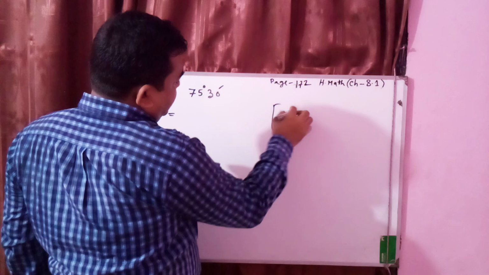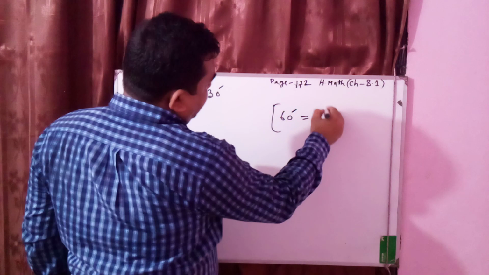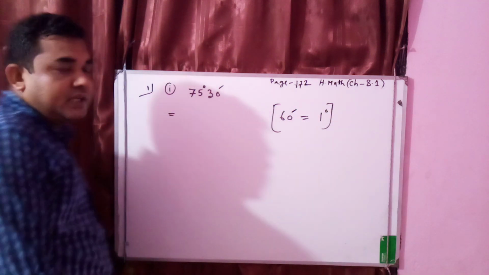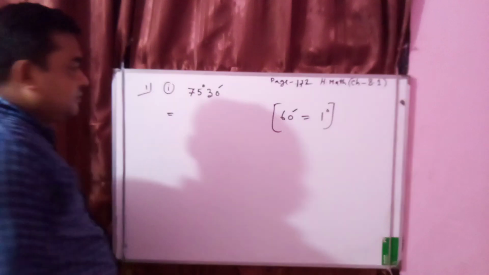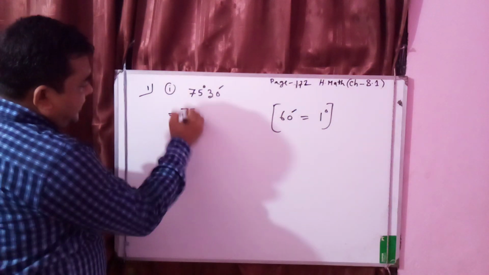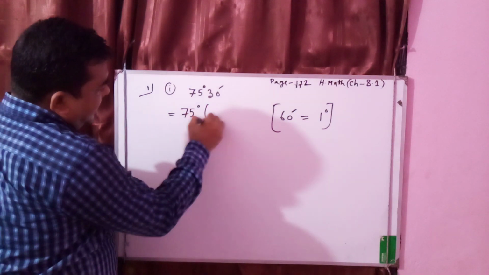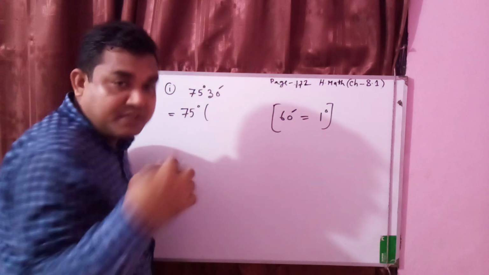Okay. We know 60 minutes equal 1 degree. So 75 degrees 30 minutes we convert to degrees.